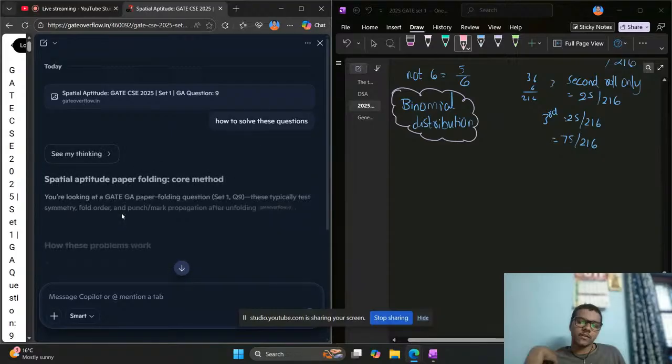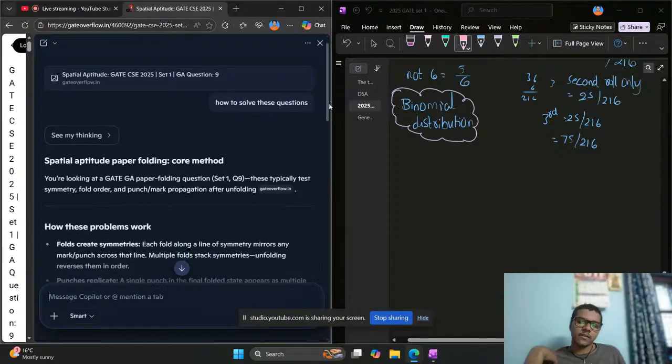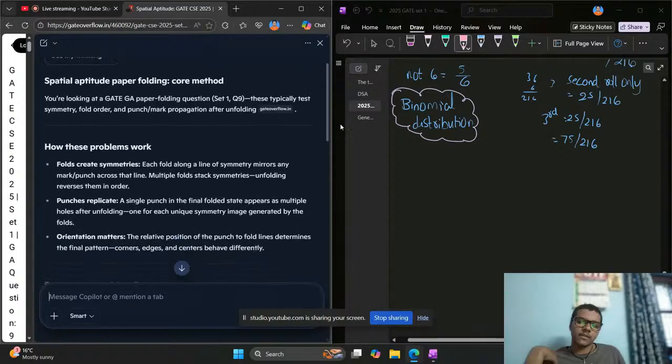Okay, this is the first time we are using AI. Test symmetry, fold order, and benchmark propagation of unfold. Each fold along a line of symmetry.